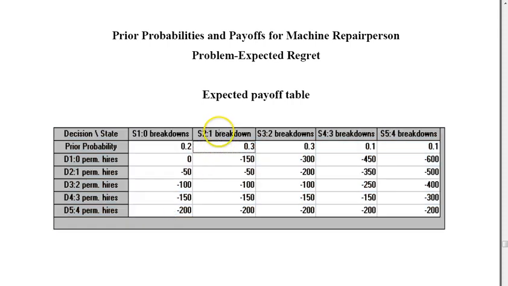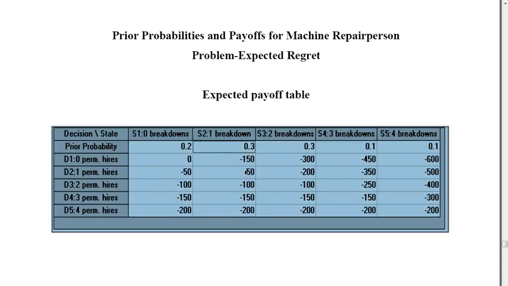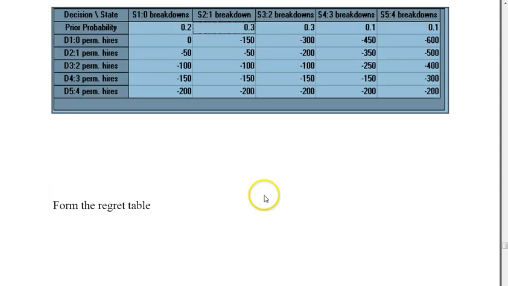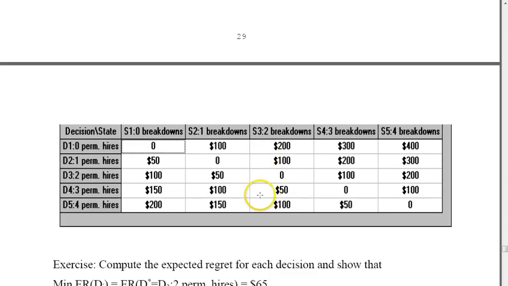If I have one machine breakdown, the best decision is to have one hire, so that would be 0 regret here, and the regret here would be the difference, and so on. I can get all the regrets. So working this that way, I will get this as my regret table.